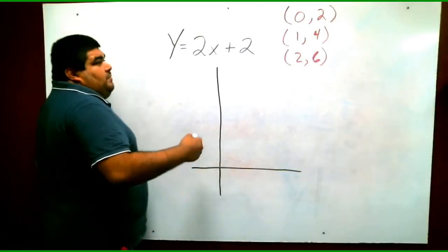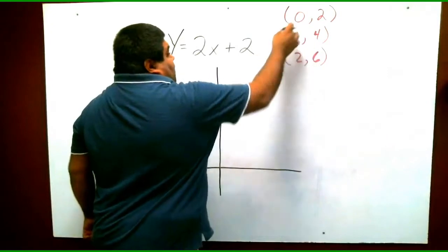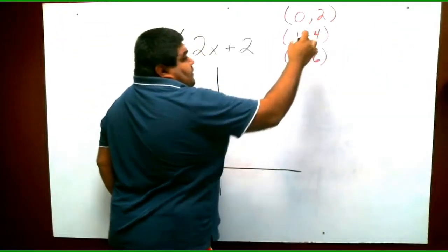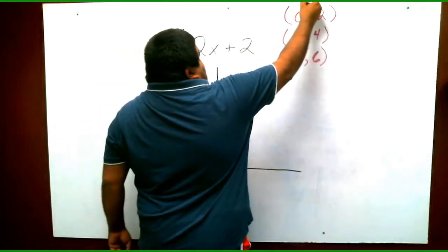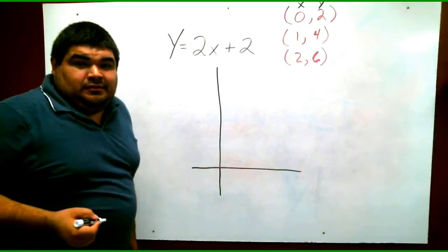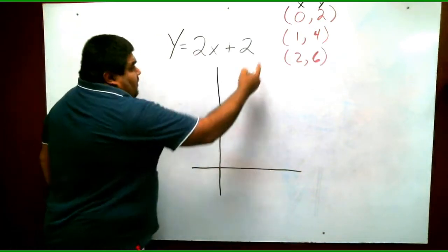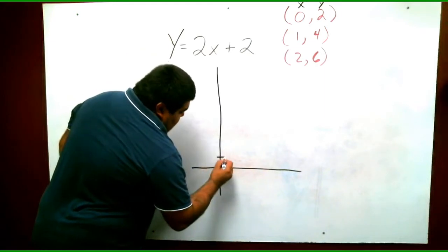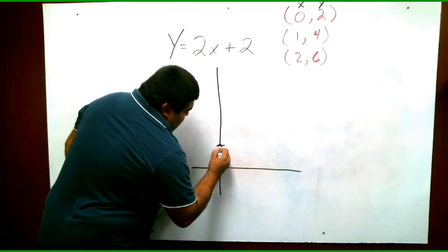So let's start off by graphing the first one. Our first point is located at 0, 2. 0 is our x-axis. 2 is our y-axis. So we have 0 on the x. We're not going to move anywhere on the x. We're at 0. We're going to go up 2 and then make our point there.